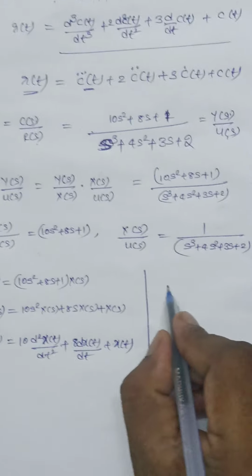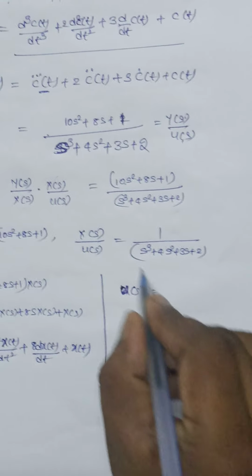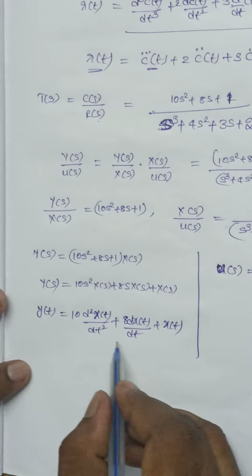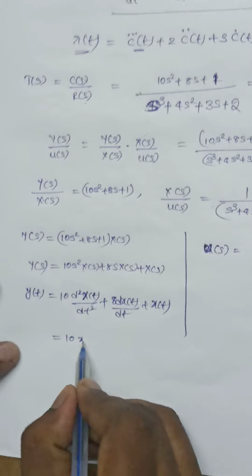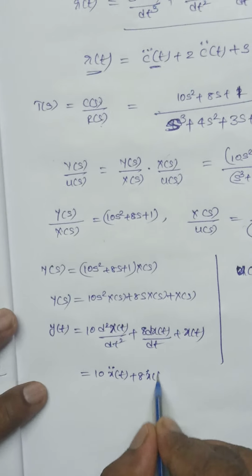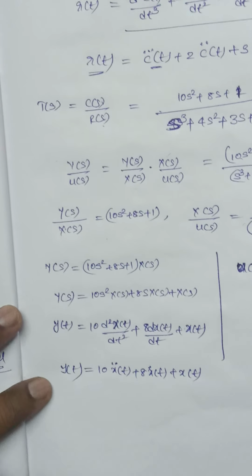First of all let me write this one, after that I will proceed. So this is equal to 10 into x double dot of t plus 8 into x dot of t plus x of t. This is equal to y of t.